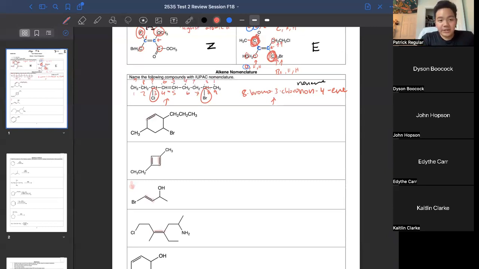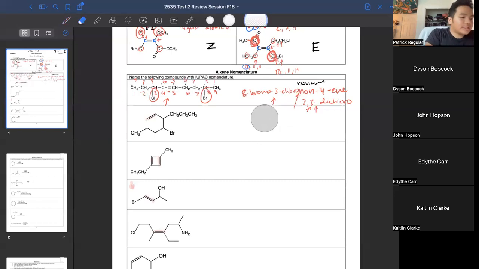And between numbers and letters, you need dashes. And between numbers, you need commas. So if you had like a 3,3-dichloro, for example, two numbers next to each other, you always put that comma. A letter and a number together, you always put a dash. And that's why for here, when we connect it with that parent chain, letter to letter, you don't need anything.